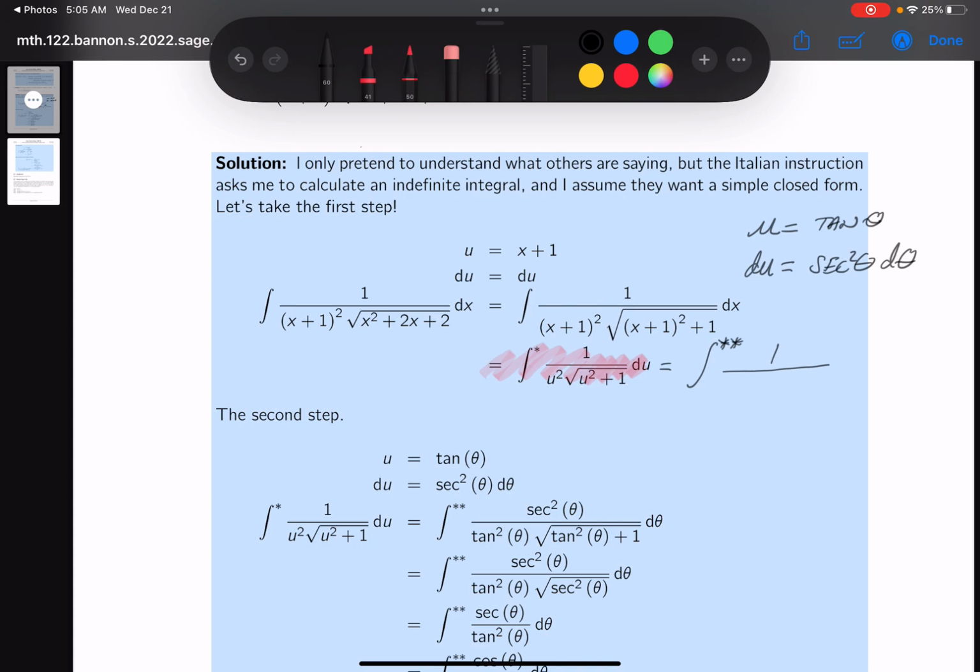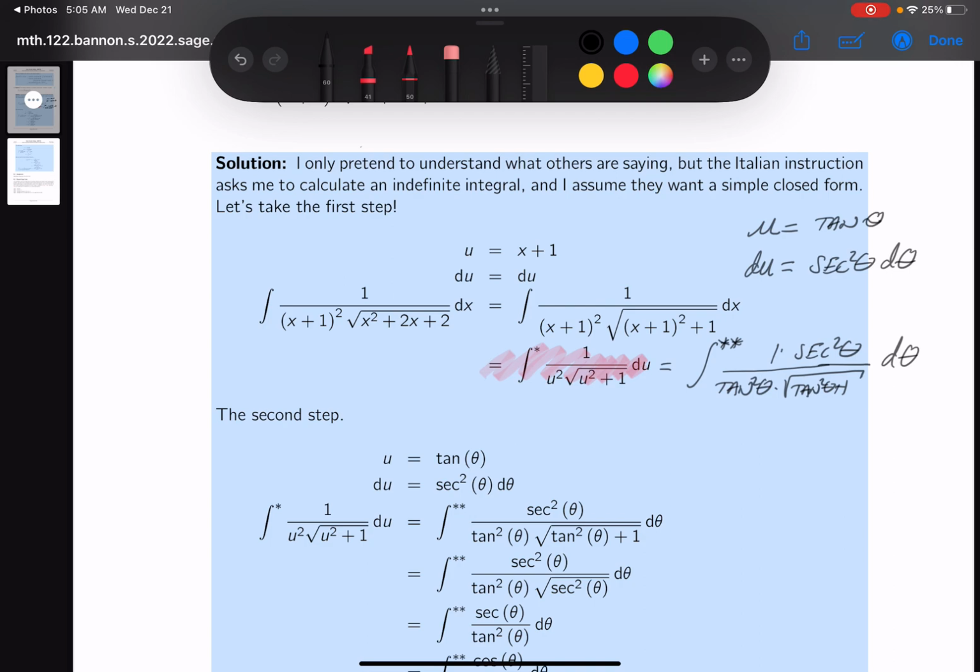I get 1 over tangent squared, then the root of tangent squared plus 1, and the du is secant squared theta d theta. There are some substitutions to make here. I do want to point out you should know identities.